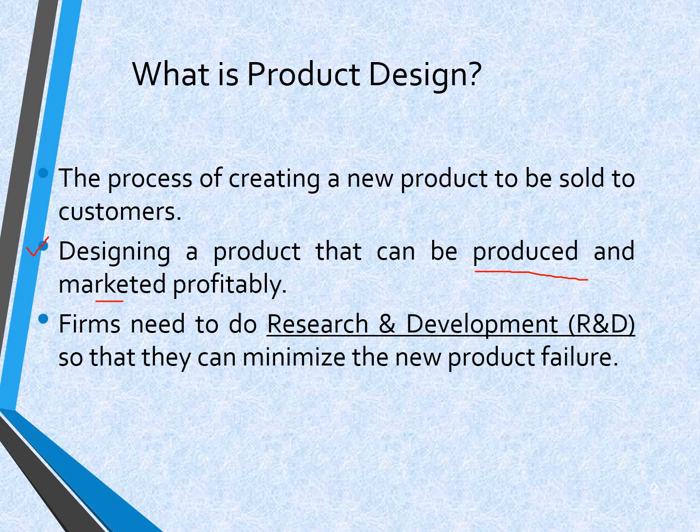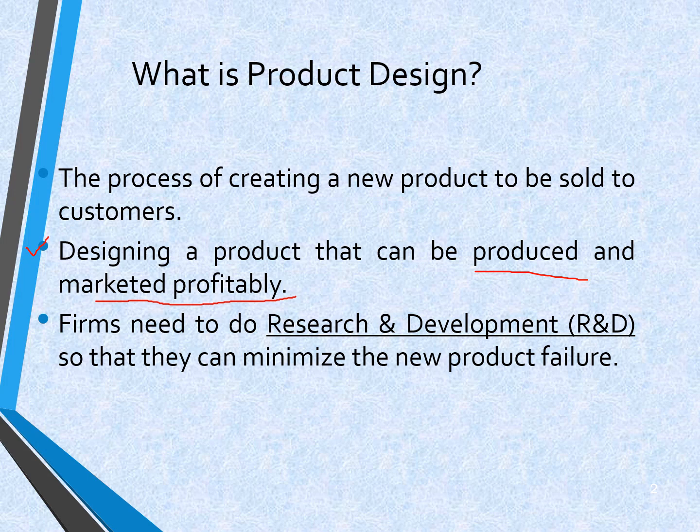Then the company must make sure that when they design a product, that product can be marketed profitably. Marketed profitably here means sold. The products can be sold to the customers, and in the end the company is able to make profit from it. So the company needs to consider this first before they start designing the product.